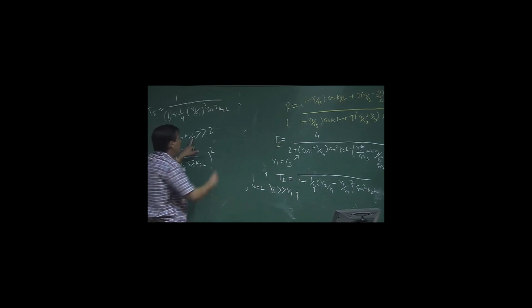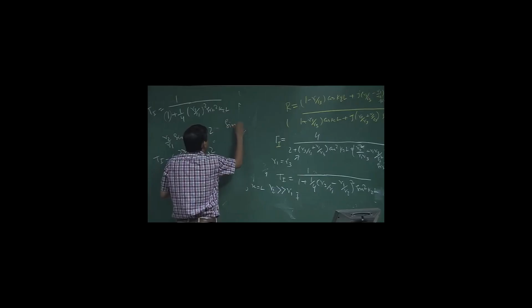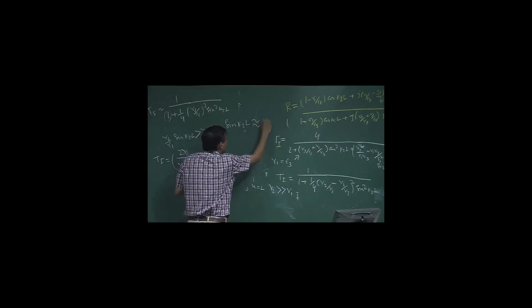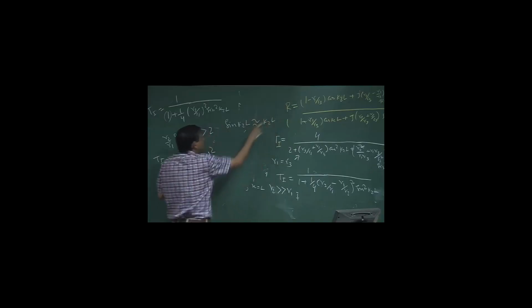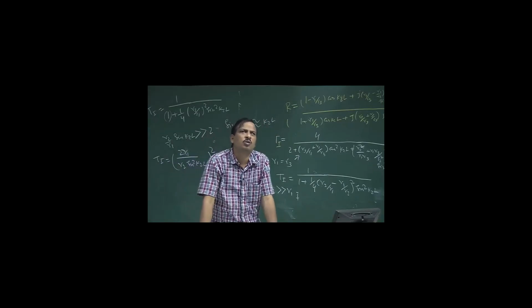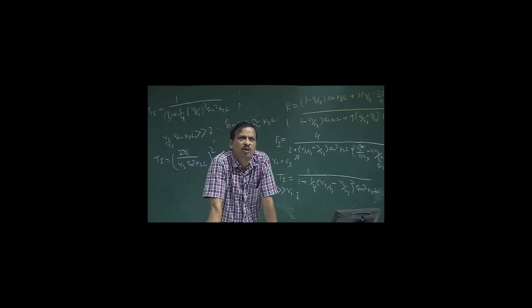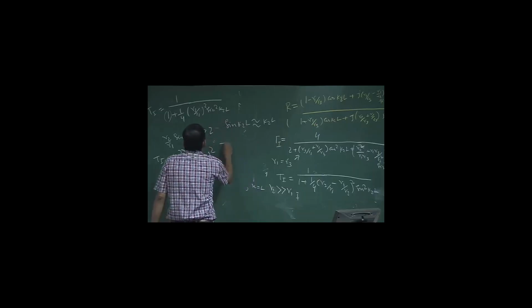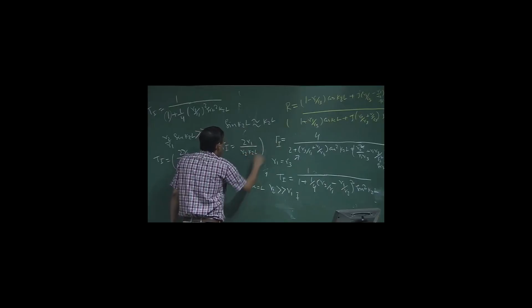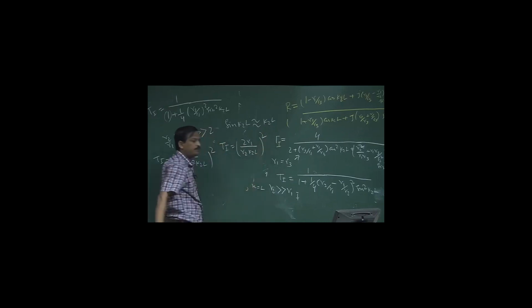Now, if sin K2L is almost equal to K2L, as sin theta is almost equal to theta, then I can say that TI is nothing but 2 R1 divided by R2 K2L, whole square.